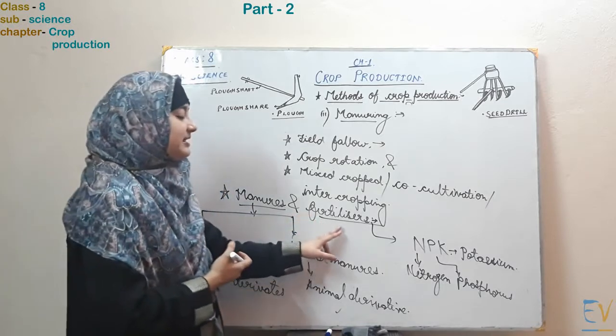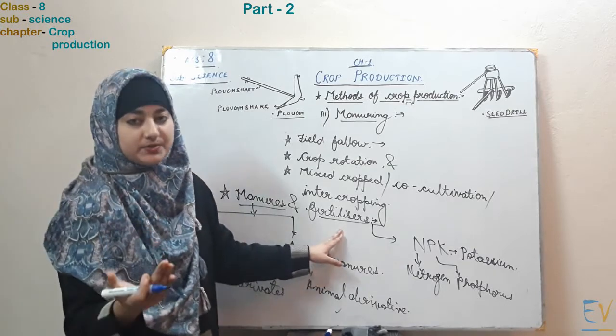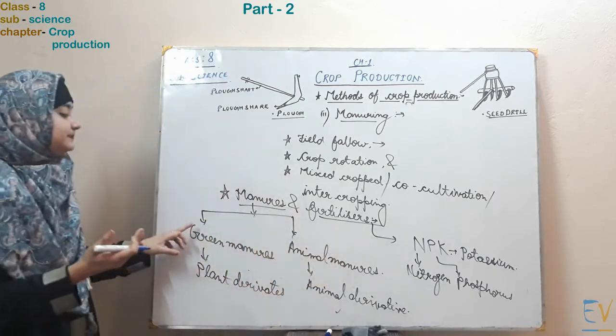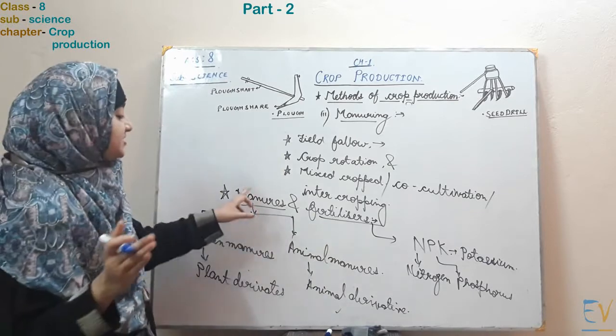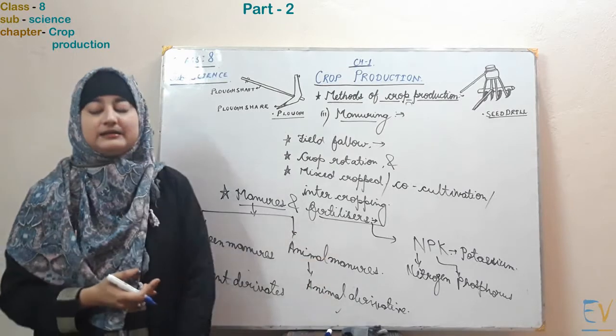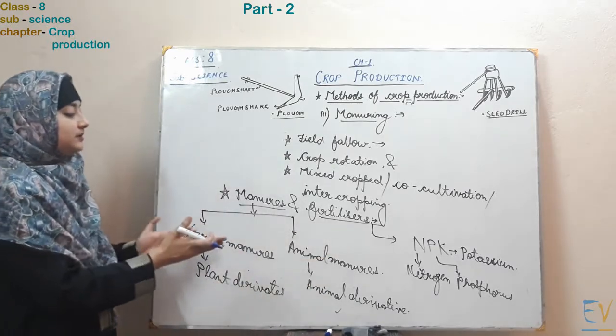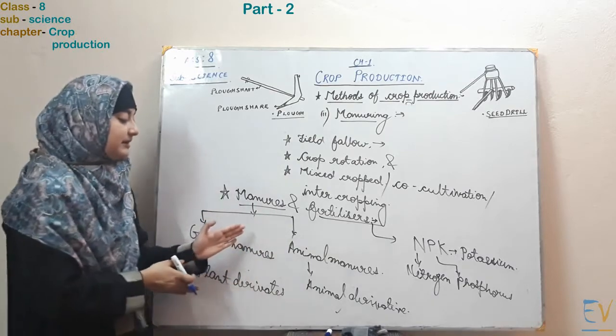But fertilizers contain inorganic salts, and they lack humus. Now the third difference is, manures are generally formed in the field, but fertilizers are generally synthesized in the industries. Okay, so basically these are the differences between manures and fertilizers.